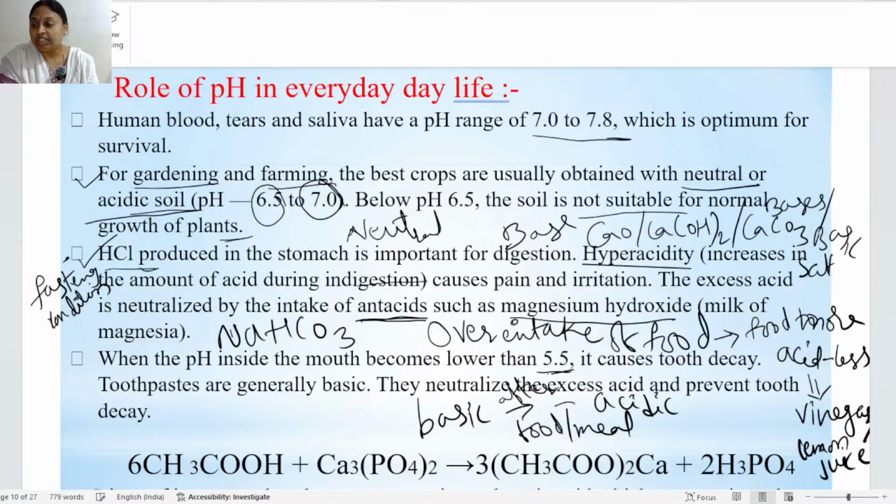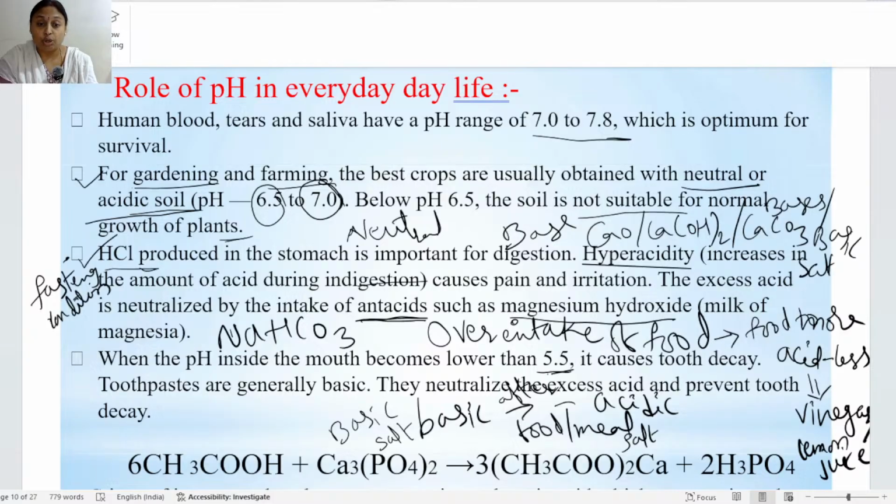So whenever it turns acidic, this acid is going to react with the tooth enamel, which contains a basic salt. Then a salt is formed, that is insoluble calcium acetate, along with phosphoric acid.